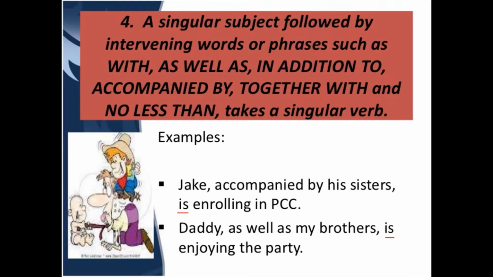So in the first example, is agrees with the main subject. What is the main subject here in this sentence? Jake. Jake is the main subject. Jake is a singular noun. So that's why the verb used in this sentence is is, because the main subject is only one person.